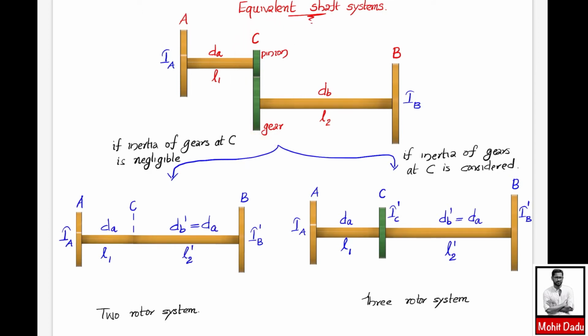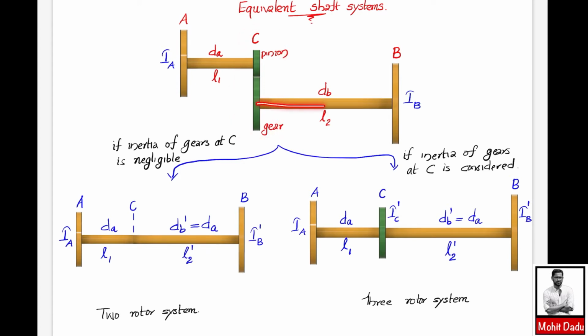If the inertia of the gear elements located at this position C is negligible compared to the mass moment of inertia of the other two rotors A and B, then you can neglect these components and form an equivalent 2 rotor system. So by forming a 2 rotor system, you maintain this first section, the main shaft, as such. That means it will have the same diameter dA and length L1, and you will neglect this mass moment of inertia if it is small.